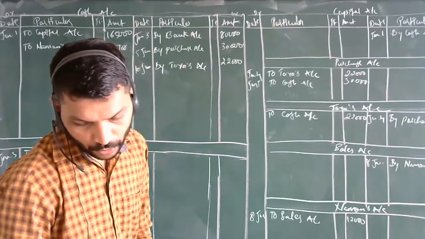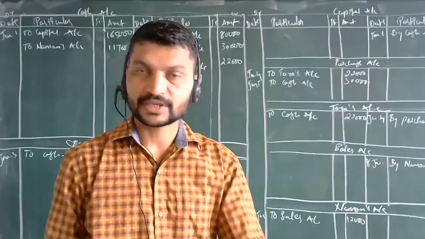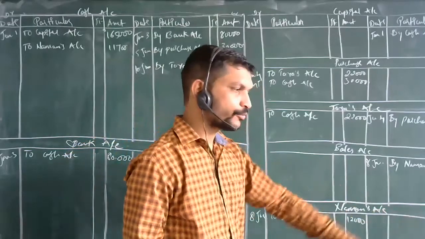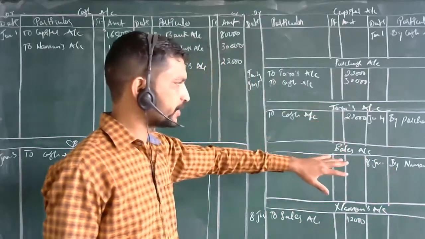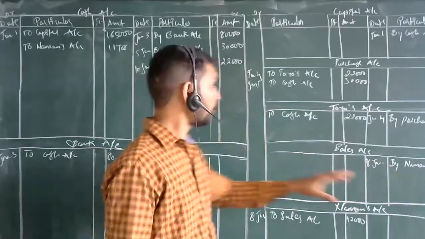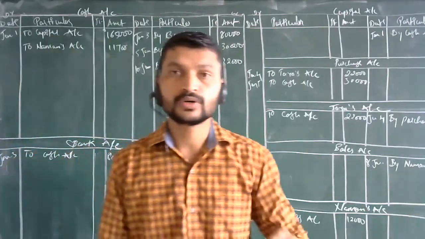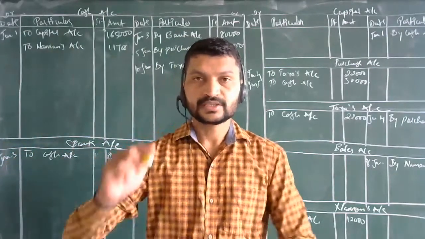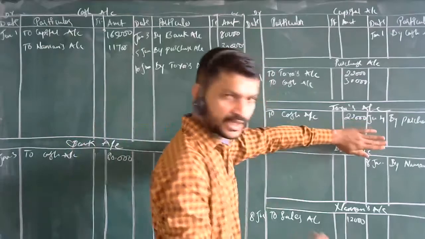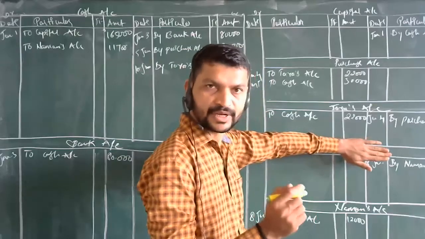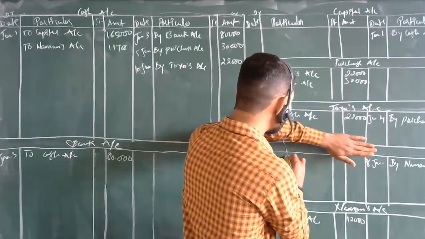And one more, you are going to enter the discount allowed account. For this, you have given the discount. Here again one journal entry you have to make. It is just a small entry. I don't have place over here. Just remove the things, and I will tell you what journal entry you have to pass. In discount account to Naman's account, it means the discount account is debited.